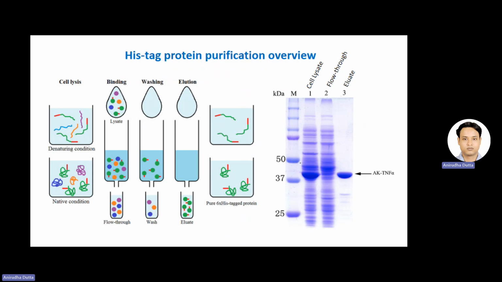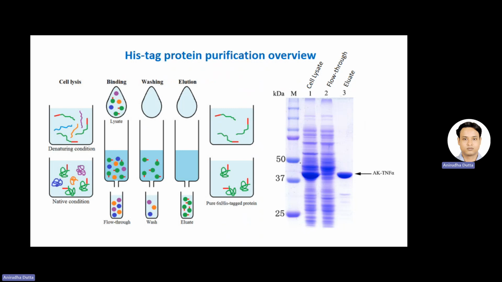You see, we started at the beginning with a mixture of proteins, and after elution we got only His-tagged protein. So if we run all those samples on an SDS-PAGE, how might that gel look? In the first lane we ran a molecular weight marker, a standard molecular weight. In the next lane we ran the cell lysate, the sample that we prepared without any purification.